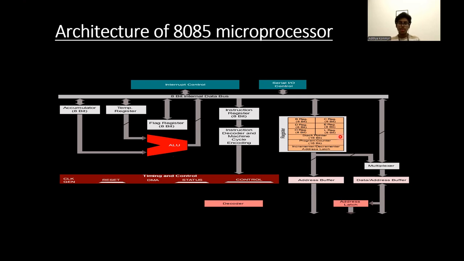A special property of GPRs is that when the operand is more than 8 bits, they can form pairs BC, DE, HL to form 16-bit registers to store the operand. Now, one of the operands is stored in the GPR and the other operand is stored in the accumulator. When the ALU needs to perform the operation, they are called into the ALU, then the operation will be performed and again stored in the accumulator. There is a special property of H and L that they can also act as memory pointers.